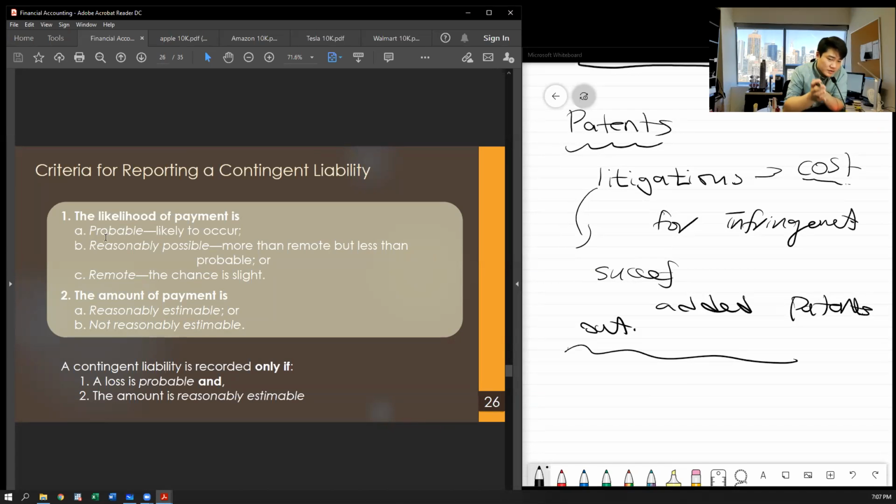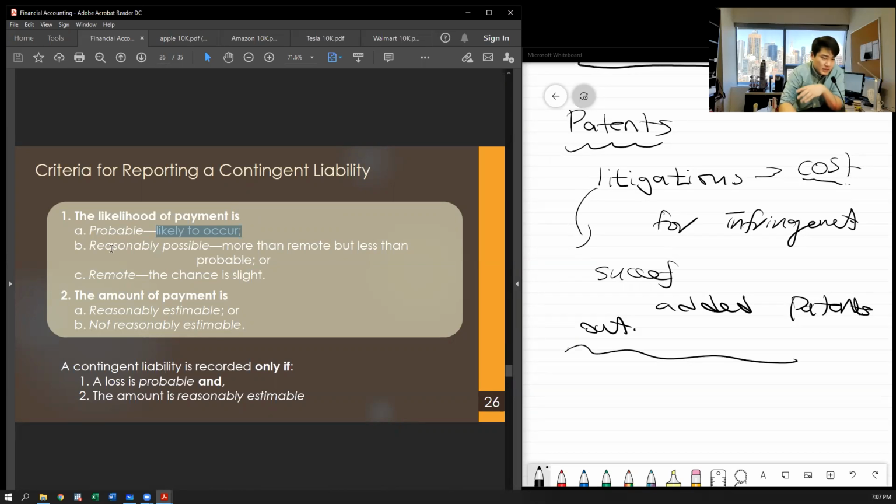Depending on the lawsuit, if it has the likelihood that the company has to pay the third party or the plaintiffs, and the lawyers in that company think that there is a high probability that the company loses the case and eventually has to pay for the damages, the company will have to report that.